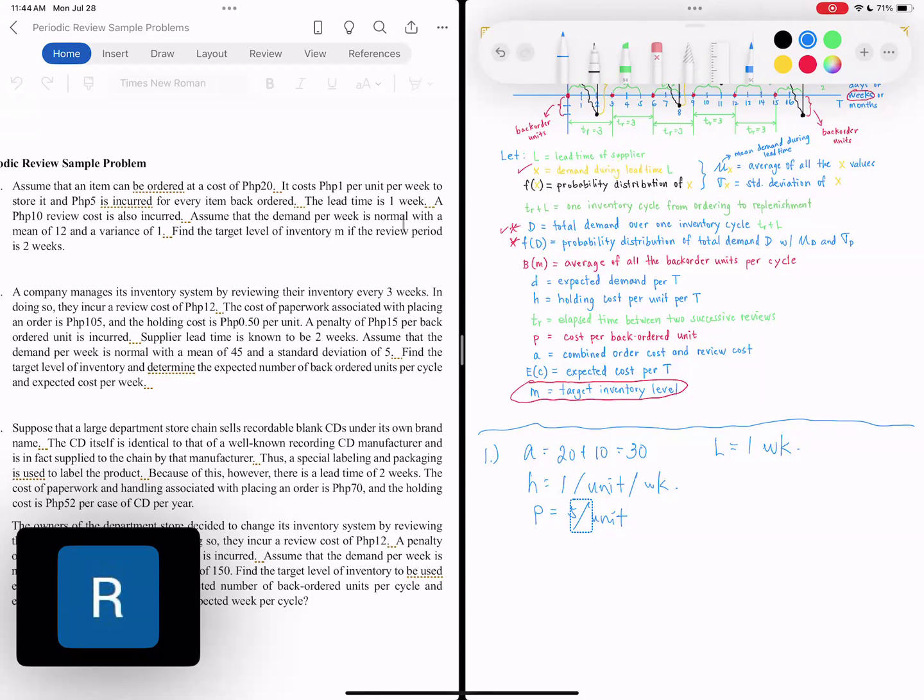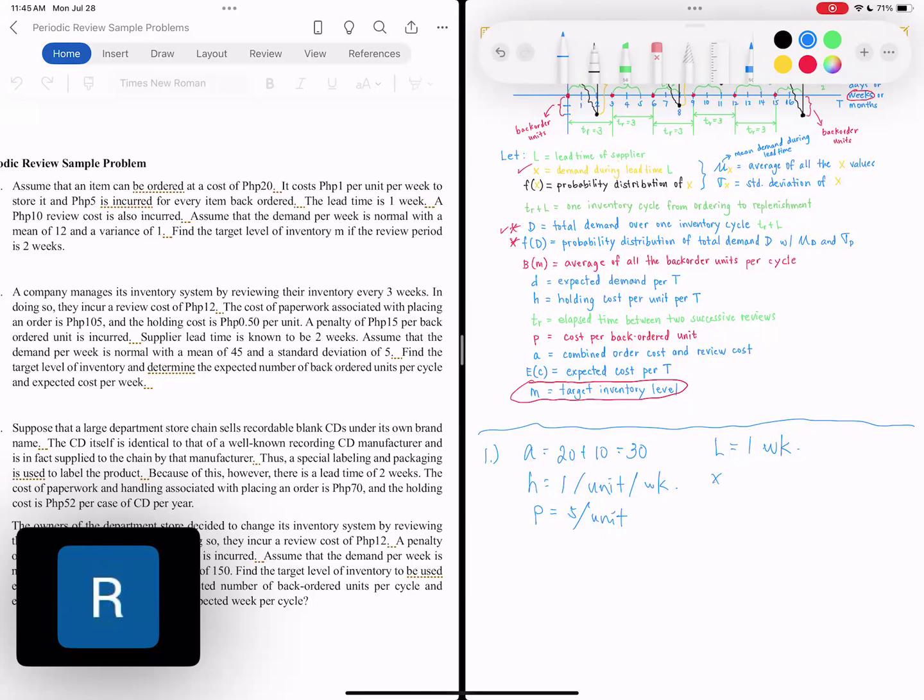So therefore, the demand per week is also the demand during lead time. Agree? Demand per week, since lead time is 1 week, is your random variable, right? That's the demand during lead time. And the probability distribution is normal.